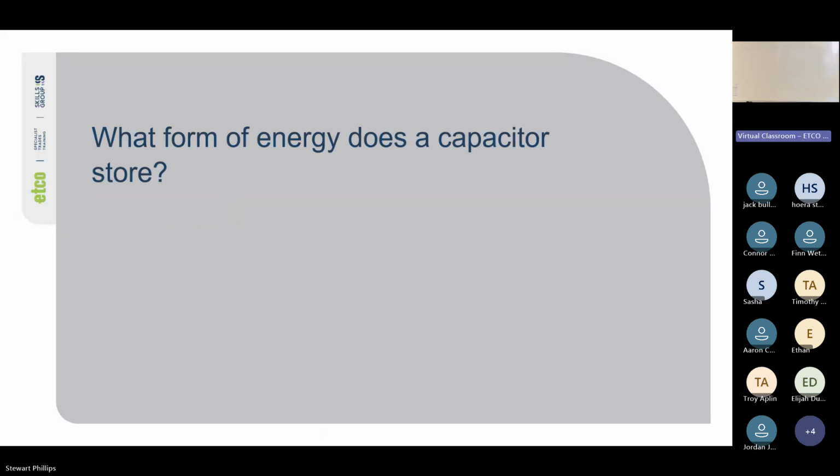Cool, but first, we'll recap. So what form of energy does a capacitor store? What type of energy are we talking about when we talk about a capacitor? Yep, electrical energy.